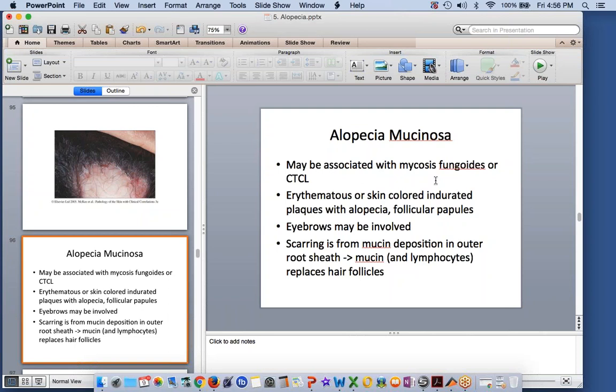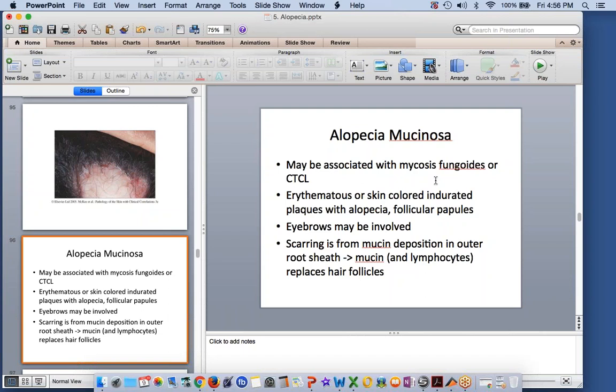And just know that if you get that biopsy result, it doesn't really mean that the patient is going to absolutely have mycosis fungoides or T-cell lymphoma.